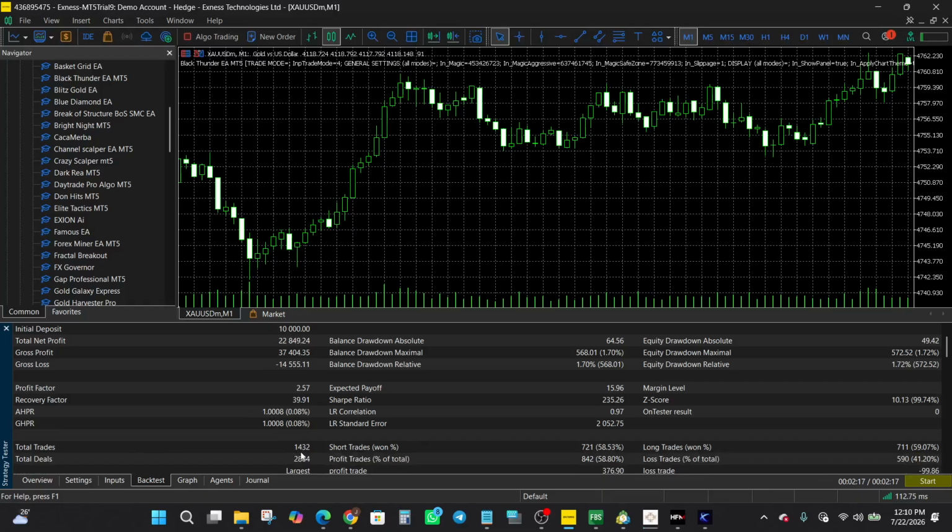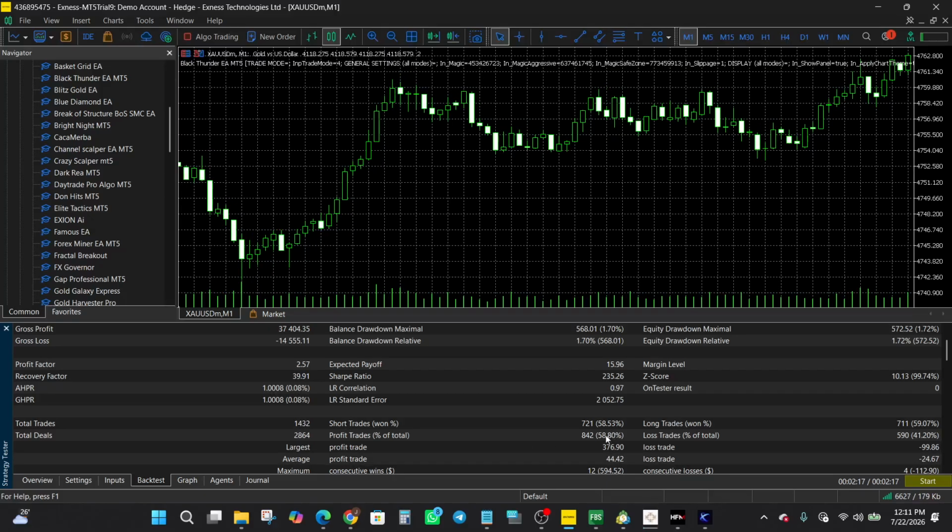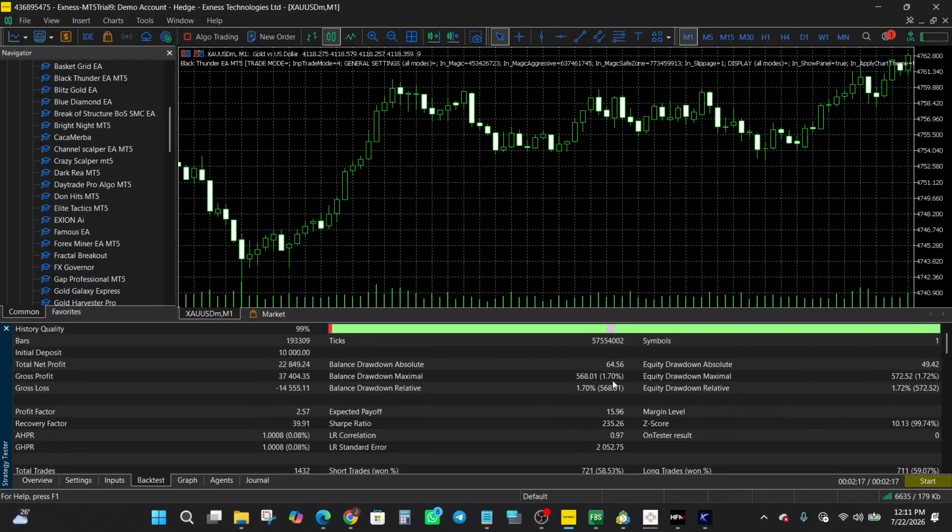Now, across 1,432 total trades, the win rate came in at just under 59%. Maximum drawdown was very well contained, at just 1.72% for the equity basis, and 1.7% on a balance basis.